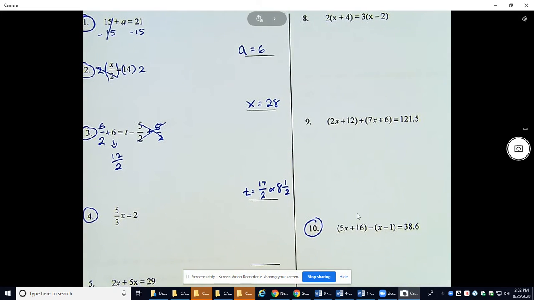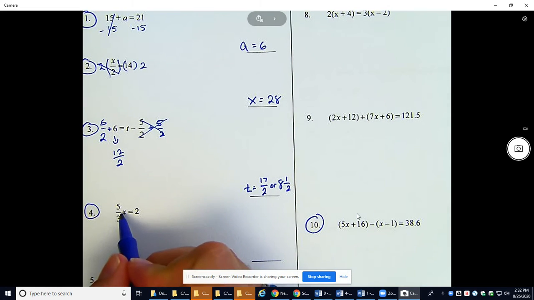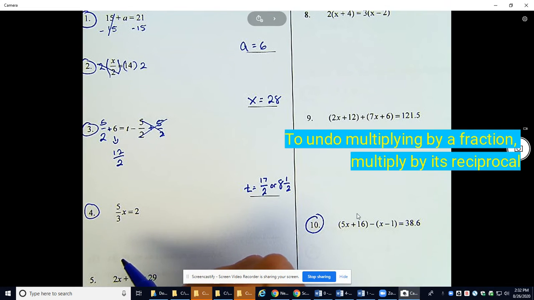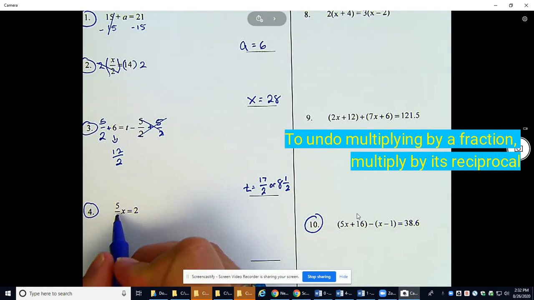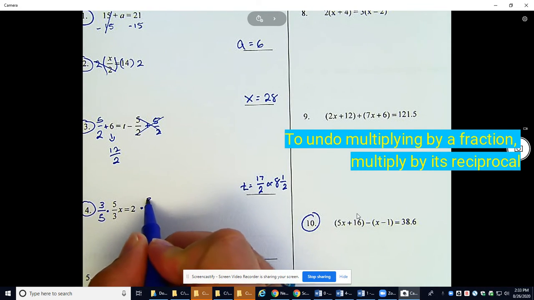Okay? For number 4, the operation that's happening is multiplication, but you're multiplying by a fraction. So you could divide, but it gets kind of complicated. Instead of division here, I'm going to ask that you multiply by the reciprocal, which means flipping that fraction upside down on both sides of the equation.